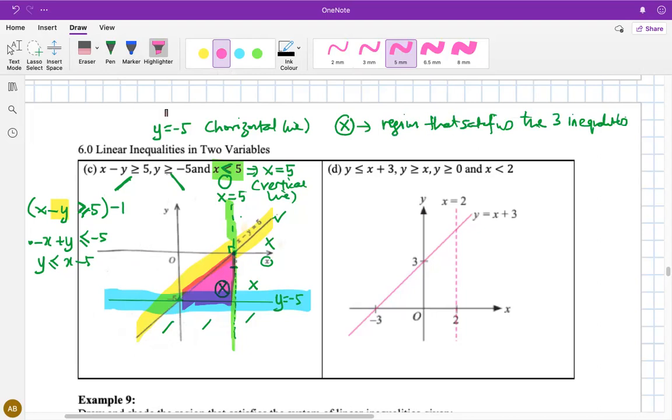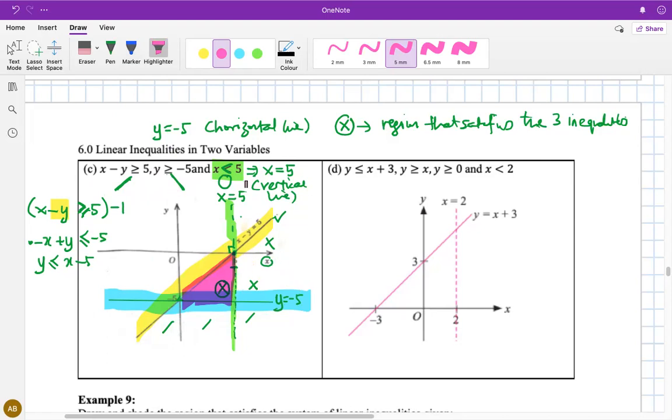Okay. And then next one. So before we go to the next one, I repeat the process. Check whether diagram has all the three equations of straight line that we need from the inequalities given. If not, then we have to draw it out first.